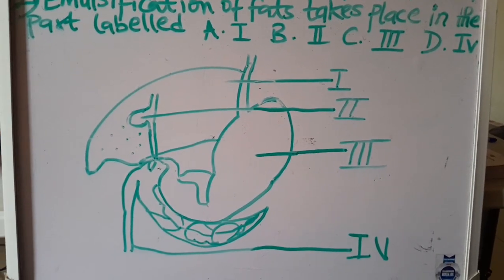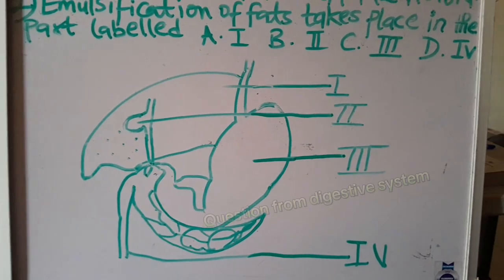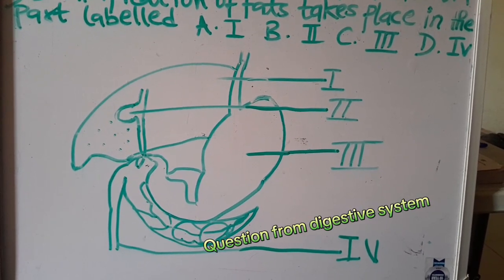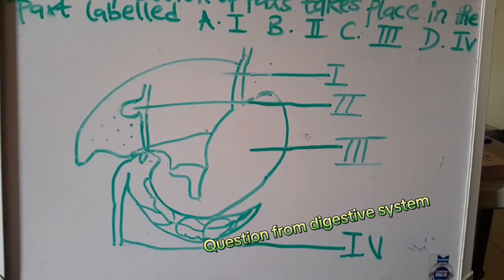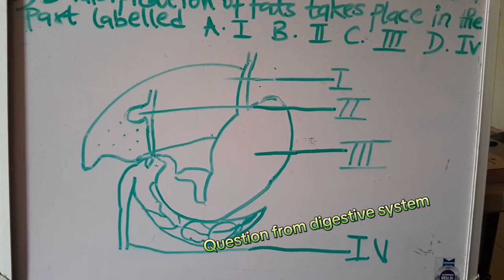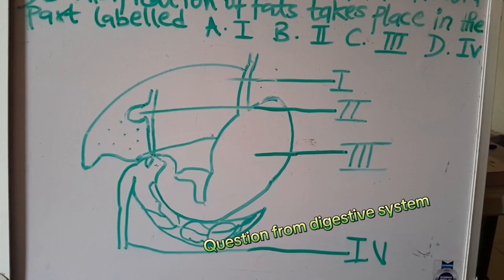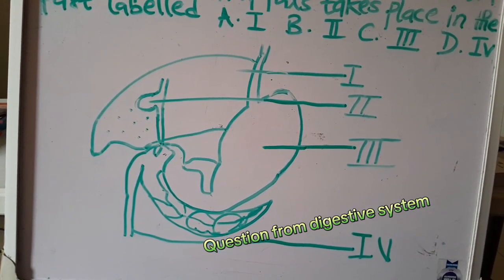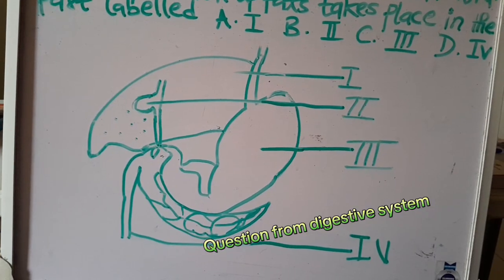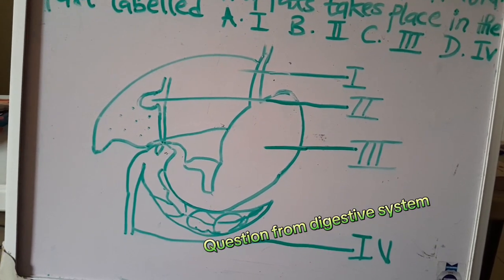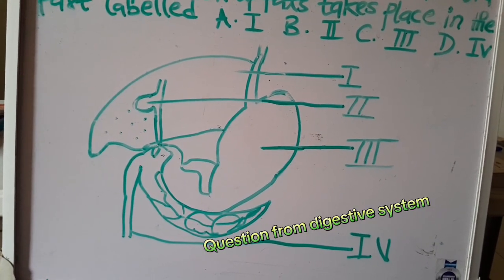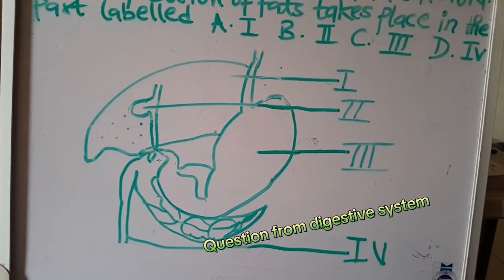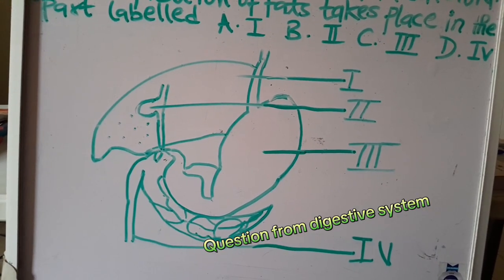Now, you would call this question coming from a part of the digestive system, because the digestive system is a large system under which the alimentary canal is involved or is part of. The actual difference between the alimentary canal and the digestive system is this. The alimentary canal is the pathway through which food passes from where it enters the mouth to the end, when it is out of the anus after digestion, and the undigested part passes out of the body through the anus.